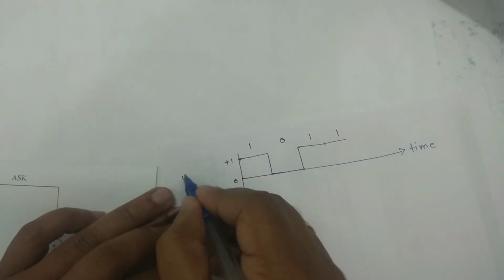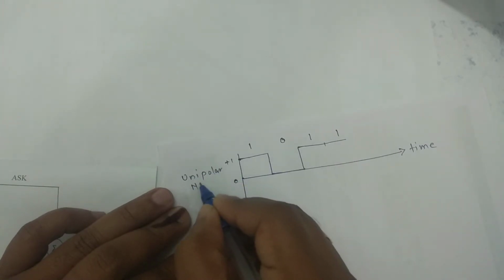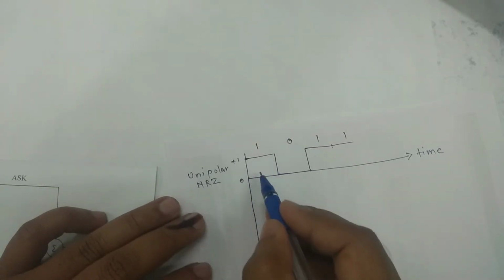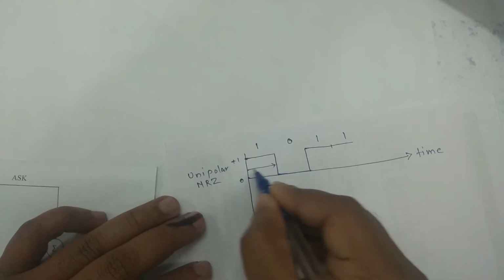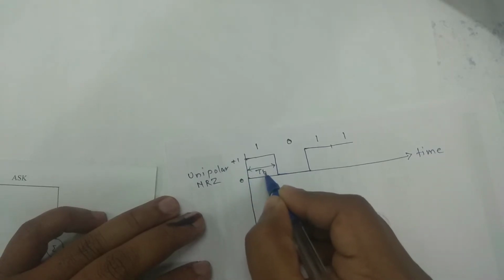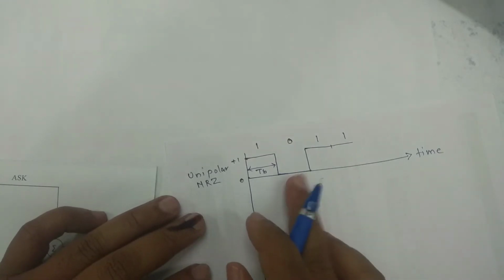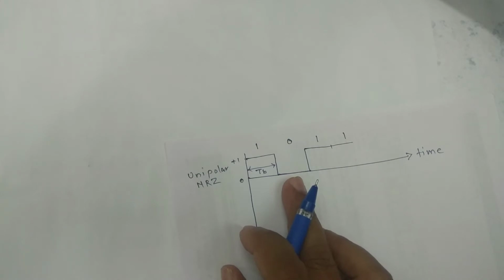So this is unipolar NRZ data. NRZ because it is not returning to zero after half bit duration. This signal remains high for the complete 1 bit duration, that is TB seconds. So this signal we will be using for generation of the FSK signal.